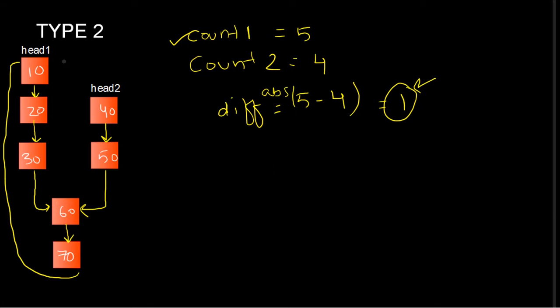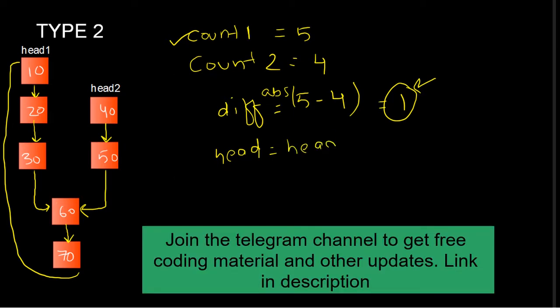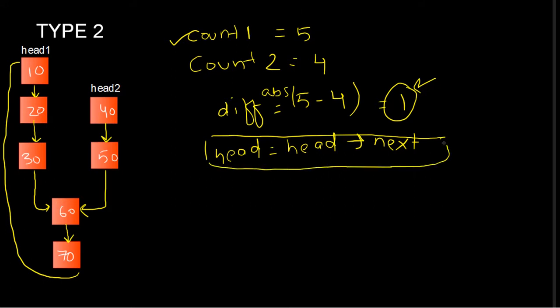Increment it by 1. So head is equal to the next of head, and we have to do this for the linked list which is longer. Alright, so we know linked list 1 is longer, so head is equal to head next.